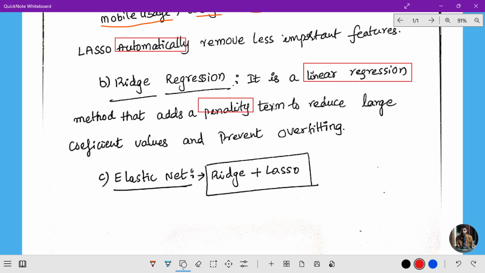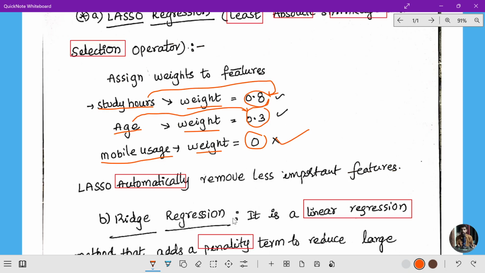So we use a penalty in ridge regression. The last one is elastic net. This combines both ridge plus lasso. When you say lasso, we add weights in order to remove the unnecessary features. In ridge, we add a penalty.